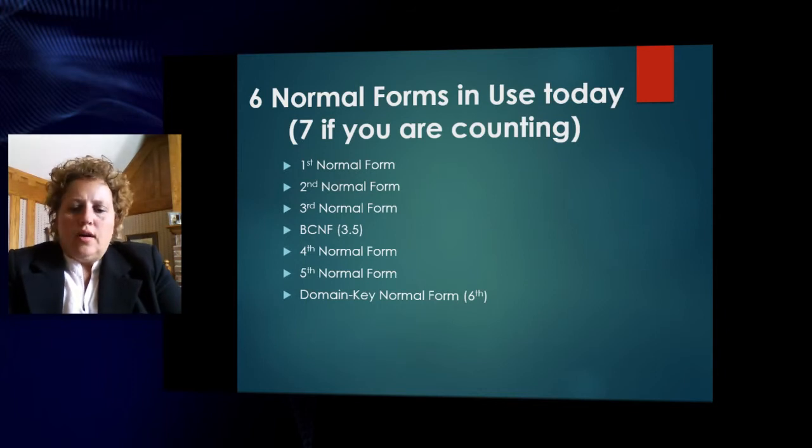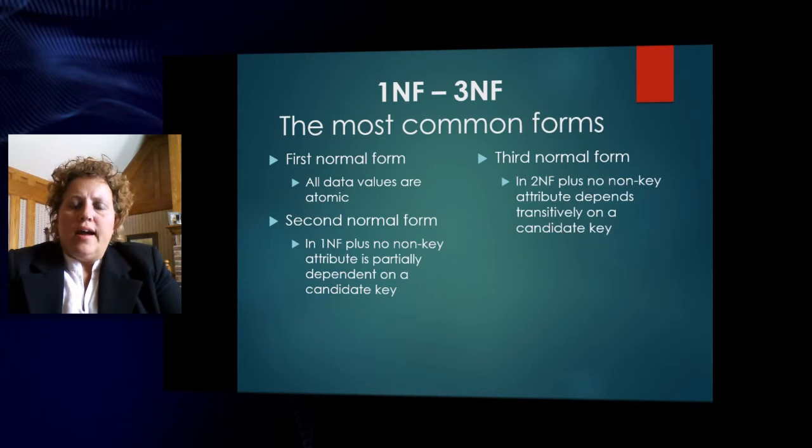Okay, so how do we define first normal form, second normal form, and third normal form? And those, again, are the most common normal forms. First, in first normal form, 1NF, all data values are atomic.